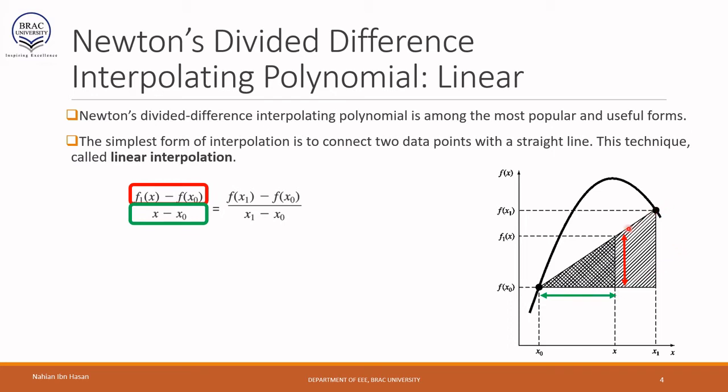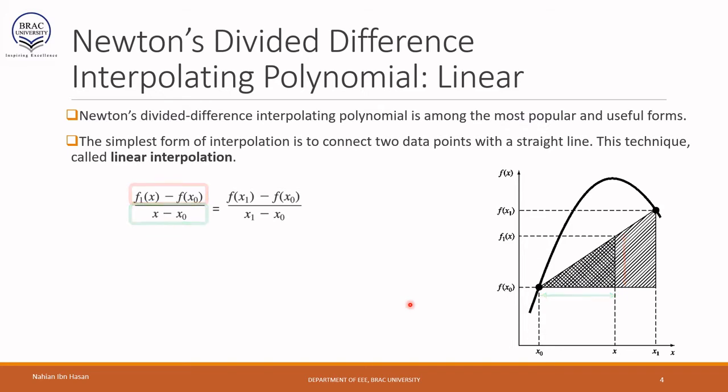Similarly, from the larger triangle here, which is formed by x0, x1, f of x0 and f of x1, these two data points, we can determine the same slope because the straight line is fixed. That means if we determine the slope from the larger triangle, it would give us the same value as on the left hand side.